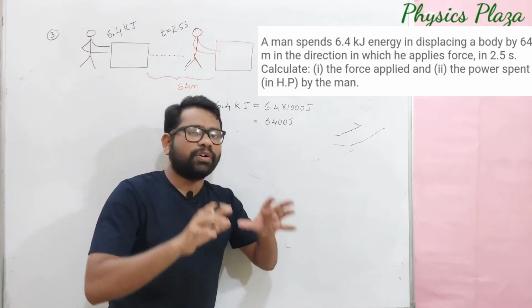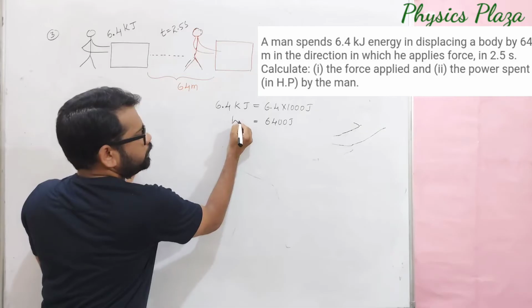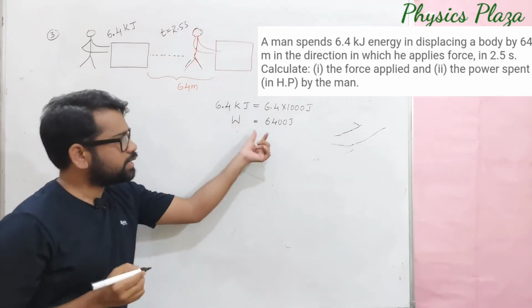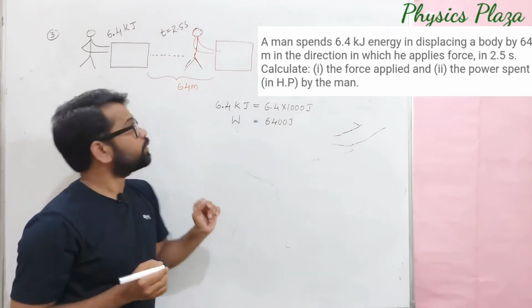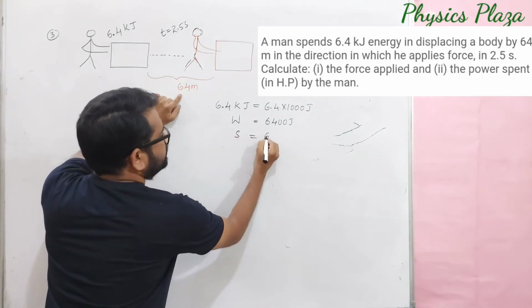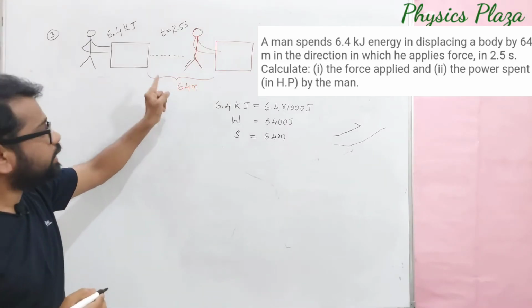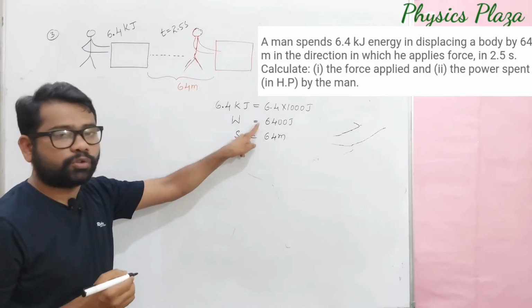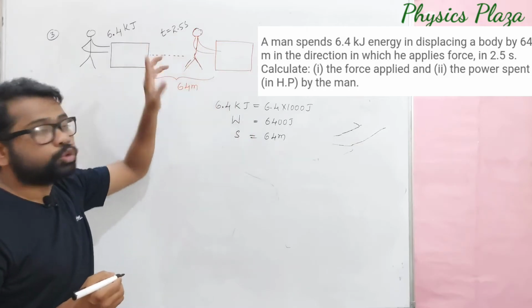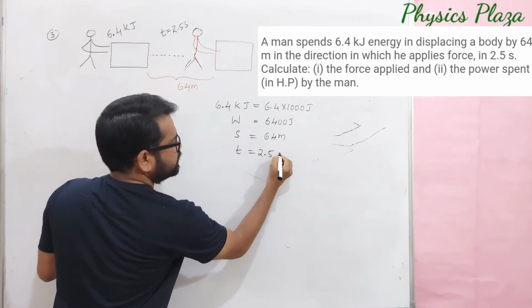So here it is the work done by the person, 6400 joules. And distance is given as 64 meters. He has done this much work in time 2.5 seconds, that is T is equal to 2.5 seconds.